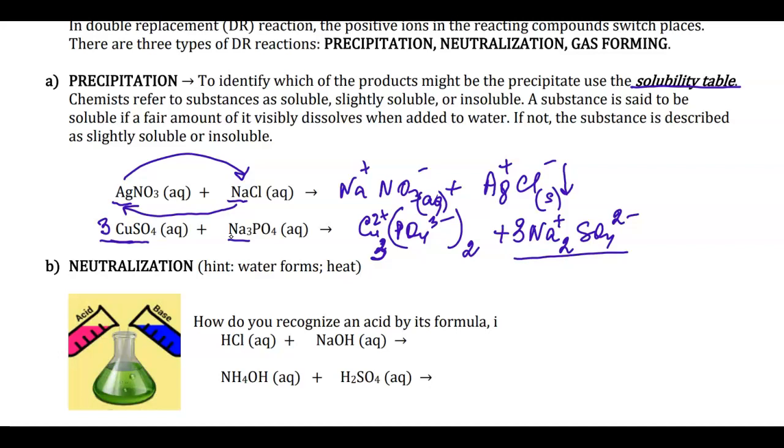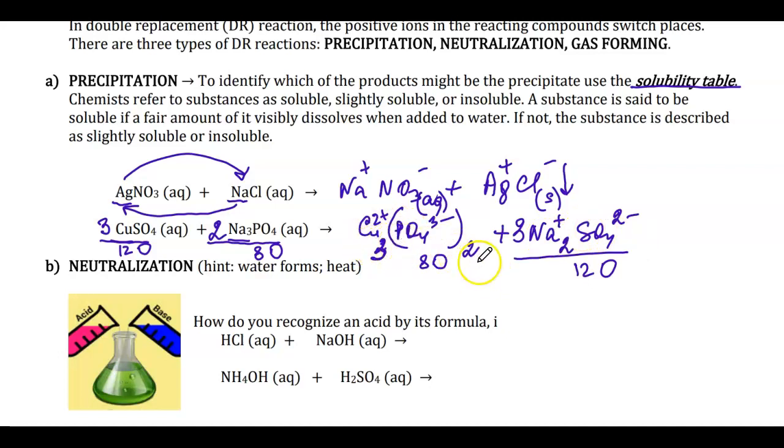And count 3 by 2 sodium. I need 2 coefficient here, and 2 phosphorus here, so it should be balanced. We check with oxygen amount, so 3 times 4, 12 oxygen here, and 2 times 4, 8 oxygen here. Total 20 oxygens. So 2 times 4, 8 oxygens here, and 3 times 4, 12 oxygens here, total 20, so it is balanced. But now we need to find where is the precipitate here, right?